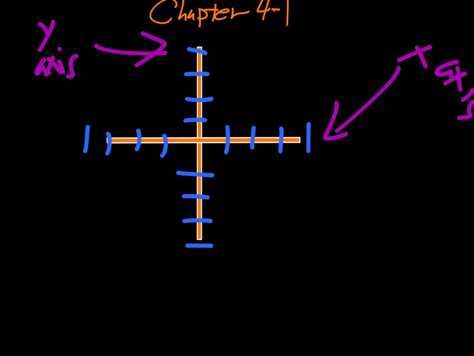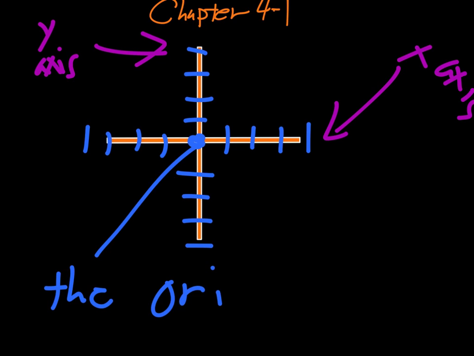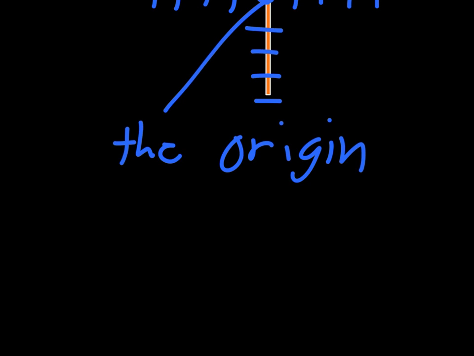Now, the point at which the x-axis and the y-axis meet is called the origin. And the origin is labeled 0, 0.